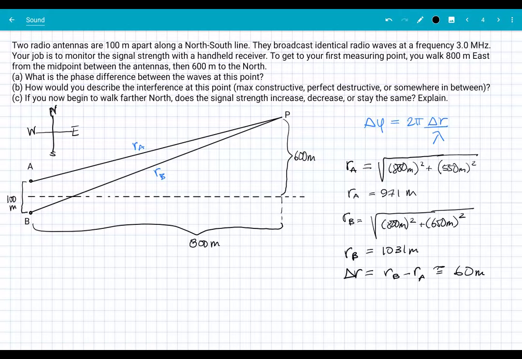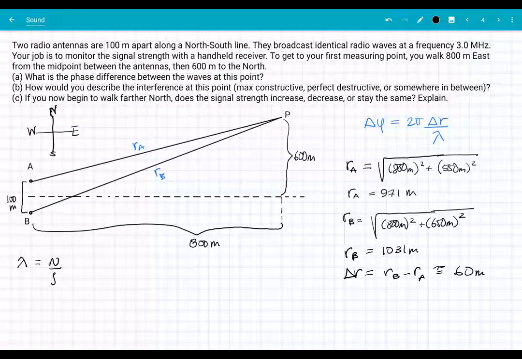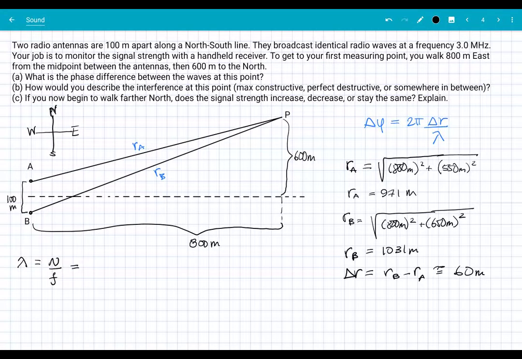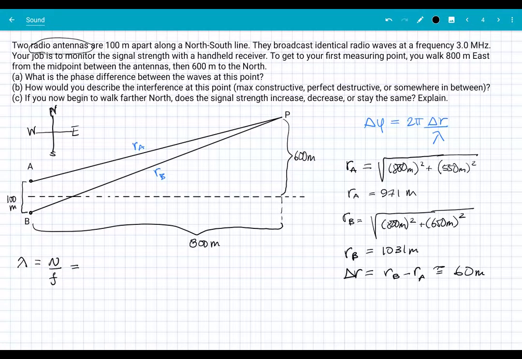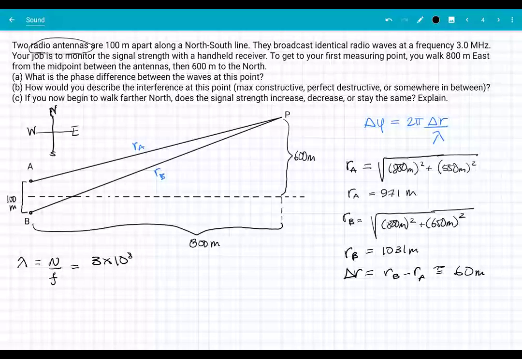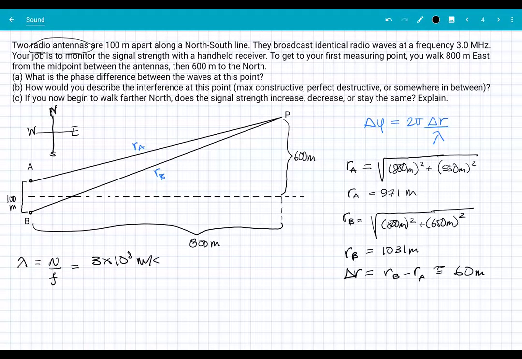Then I can solve for the wavelength of this wave. That's just going to be the wave speed divided by the frequency. These are radio antenna, right? So the wave speed is what we call the speed of light, but it's basically the speed of electromagnetic radiation here: 3 times 10 to the 8 meters per second.